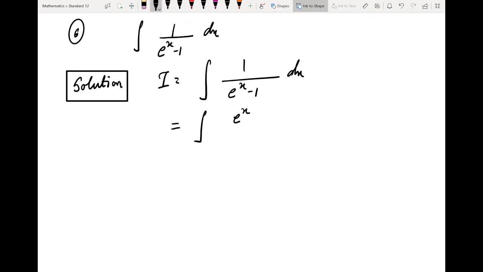Multiply numerator and denominator by e raised to x. So this is e raised to x upon e raised to x minus 1 dx.